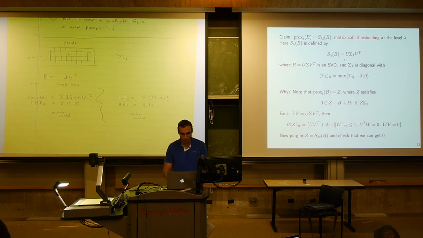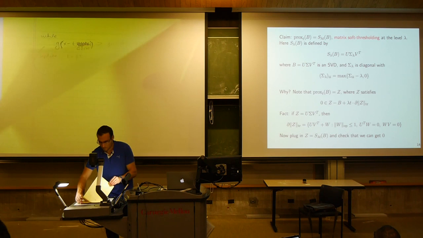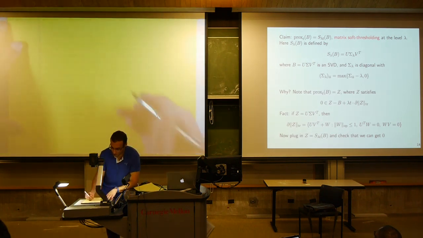So that's what the prox operator at the parameter lambda looks like: soft thresholding the diagonal elements of sigma by the level lambda. What this is doing is giving us a low-rank matrix in return. That's also some intuition as to why we're getting a low-rank solution out of proximal gradient.